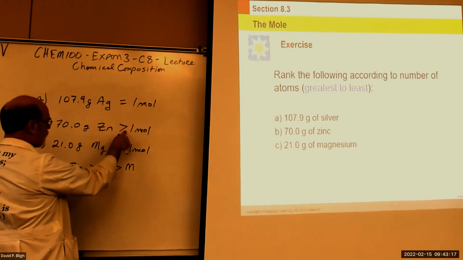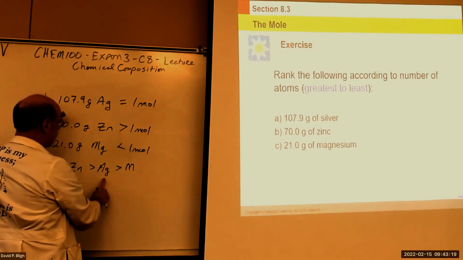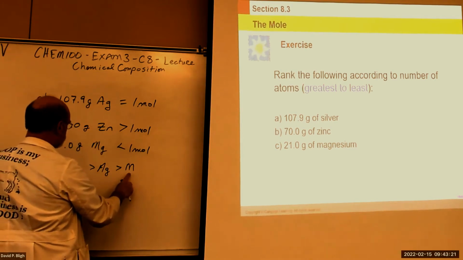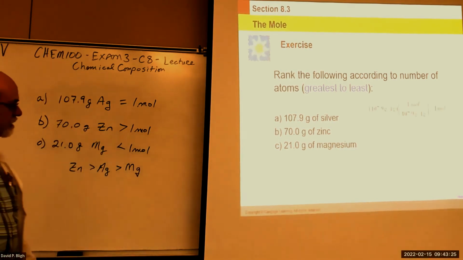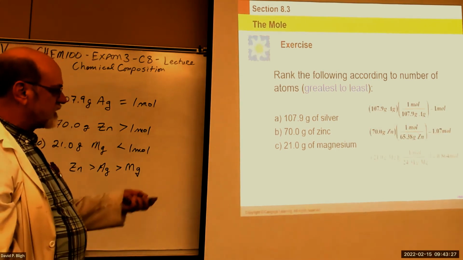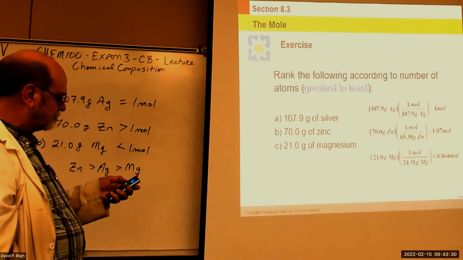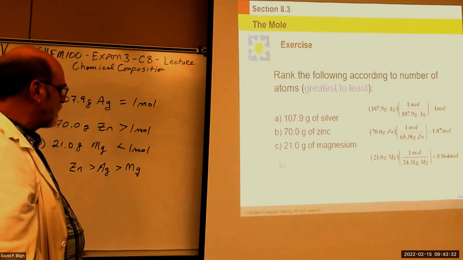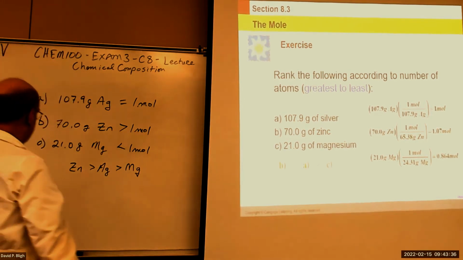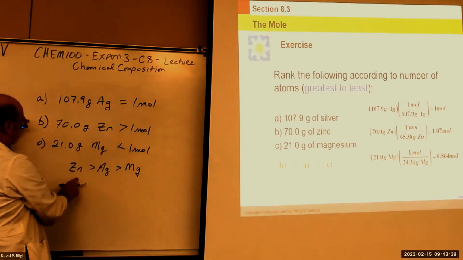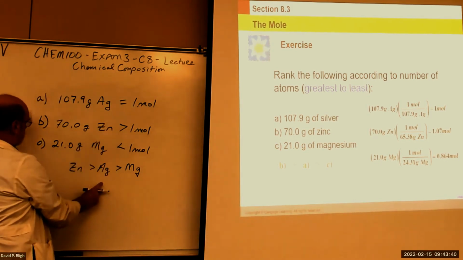This is greater than a mole. This is equal to a mole. And this is less than a mole. There we go. So here we actually did the calculations, and then put them in order. Now, BAC. So B, A, and C.